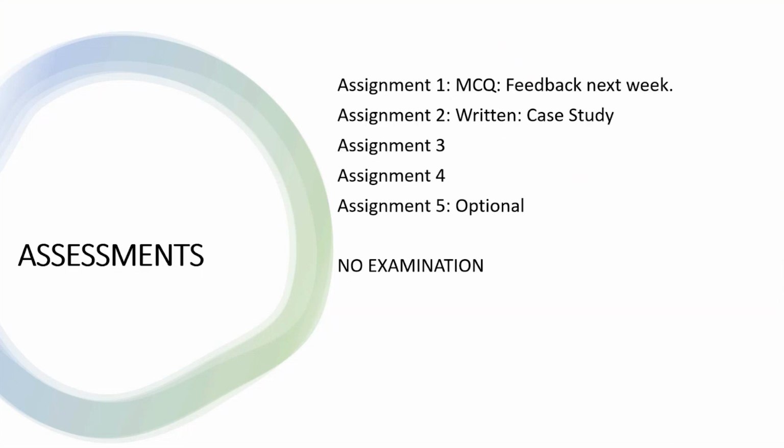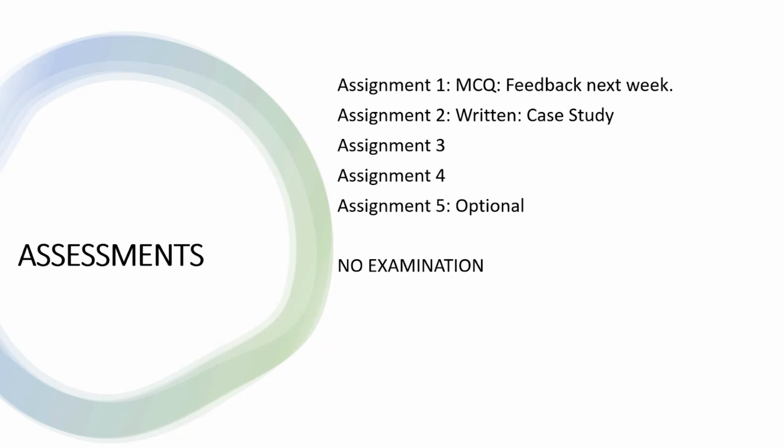And in terms of the assignments, I've indicated, ladies and gentlemen, that you'll be completing 4 compulsory assignments. Assignment 1 is the multiple choice question type, and I'm going to provide you with feedback next week. You got your marks, and I'm happy because most of you did very well.